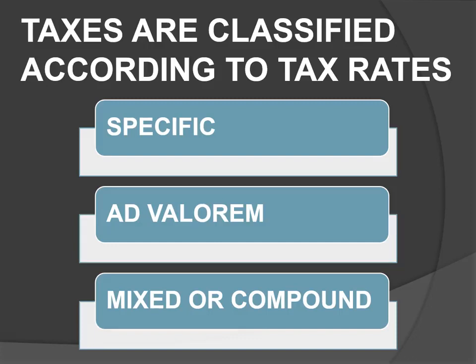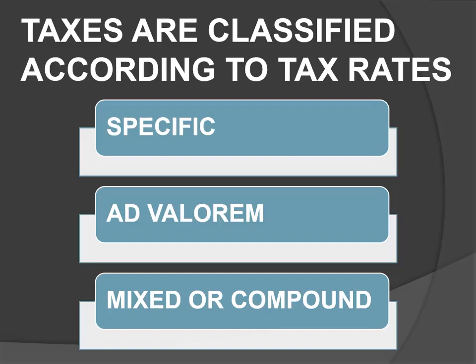What is a specific tax? A specific tax is nothing more than a tax that is computed upon a unit of measure. Per piece, per dozen, per kilo, that is a specific tax, or per proof liter. On the other hand, when you talk about ad valorem tax, it is a tax imposed upon the value of the articles.